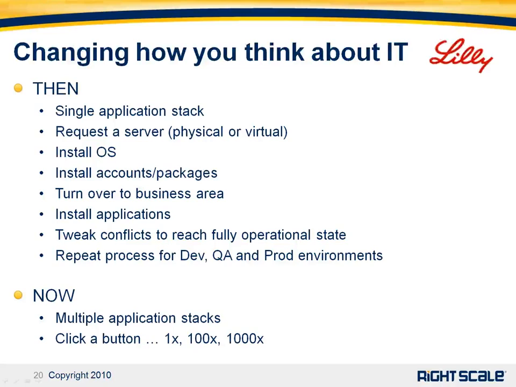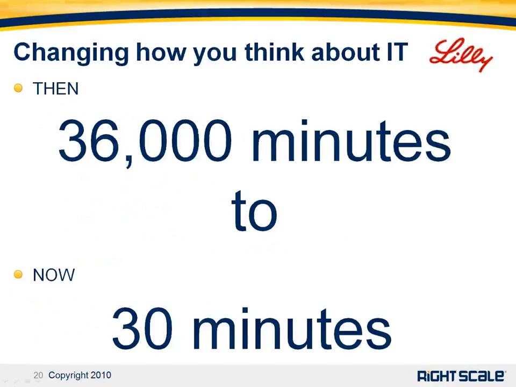What Lily does now is simply access pre-configured systems that are compliant. They were built and are managed by the Lily IT department. Nothing's changed there. But they're pre-configured and accessible on demand with a click of a button. And they can do this once, or they can do it over and over again.